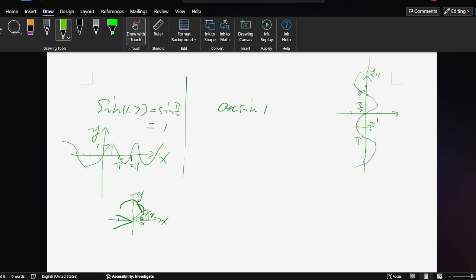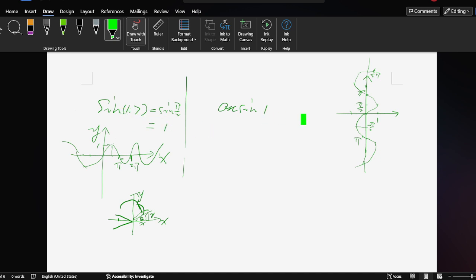For saying y equals sin x, x is the independent variable, so it can take any number. From this graph, x can take any number. We can find one value of y between positive 1 and negative 1. You can take any one, but the domain is any number x.